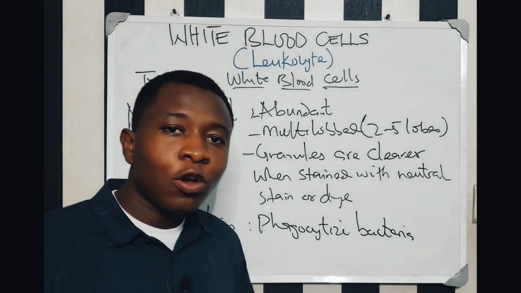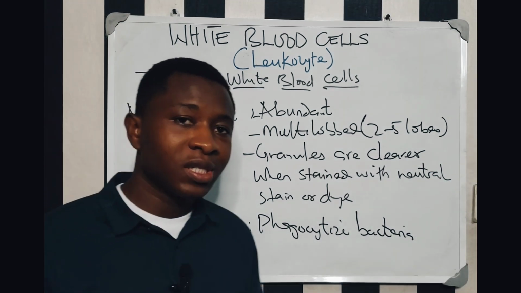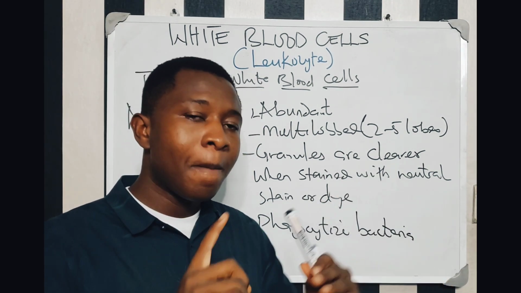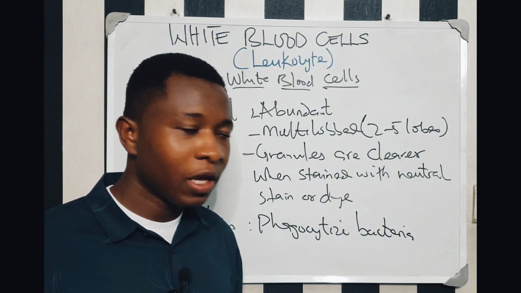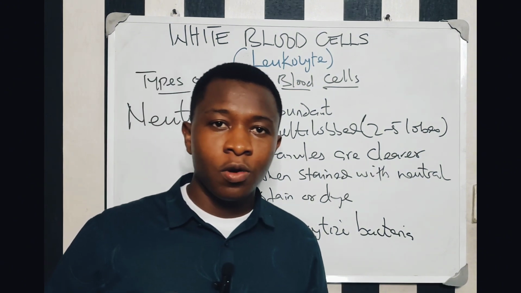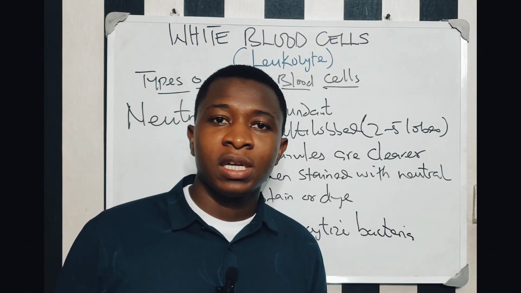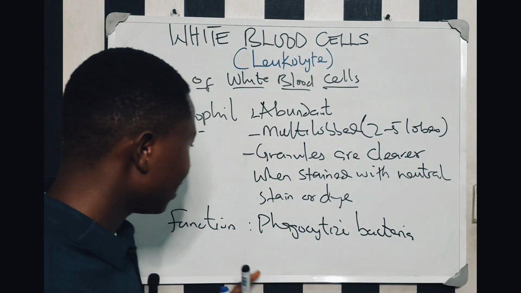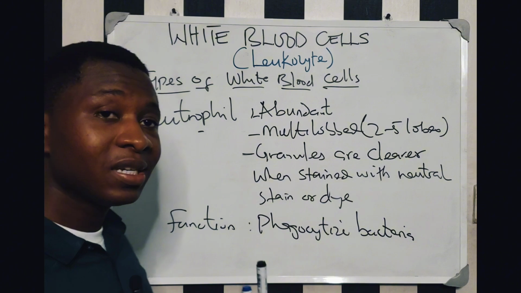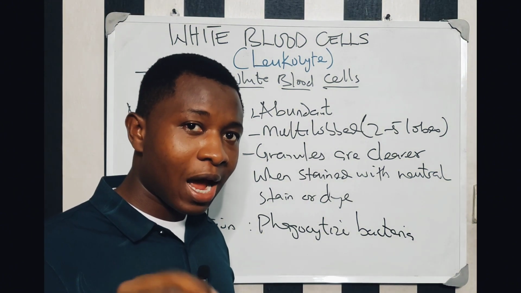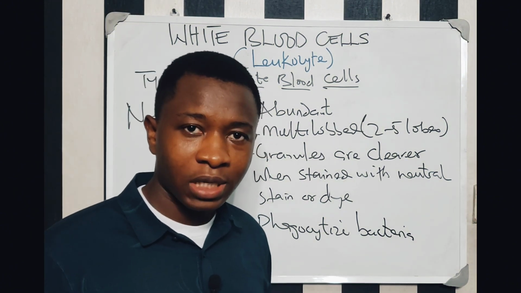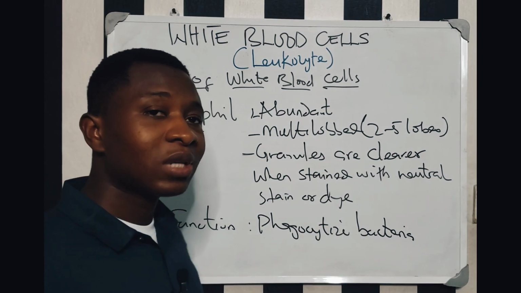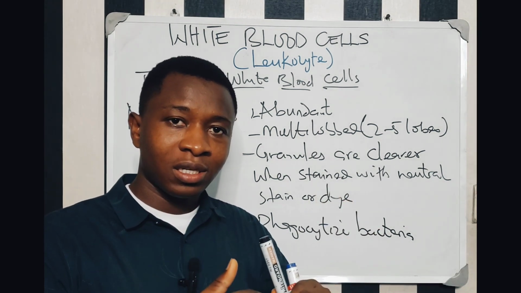Phagocytosis is engulfment, so they engulf bacteria. Now, you know that when bacteria get into the body, one of the major things it releases is a toxin called cytokines. When the neutrophil senses bacteria and the toxin it has released in the body, it goes to the bacterial cells and phagocytizes the cell.